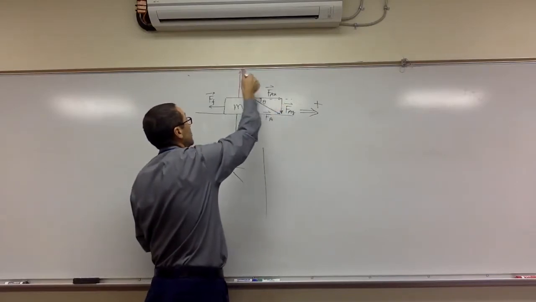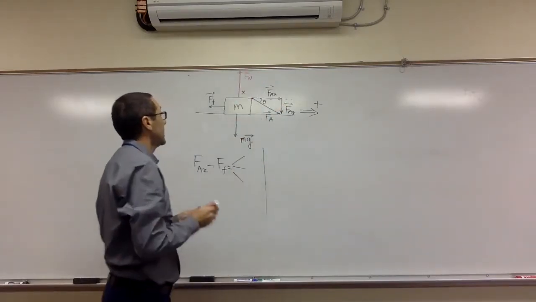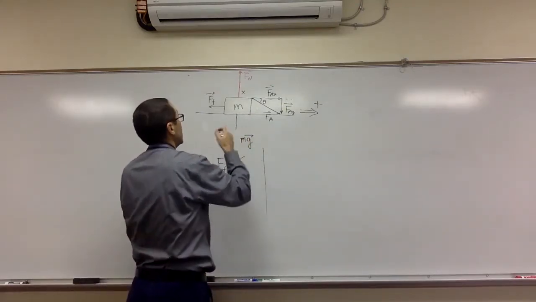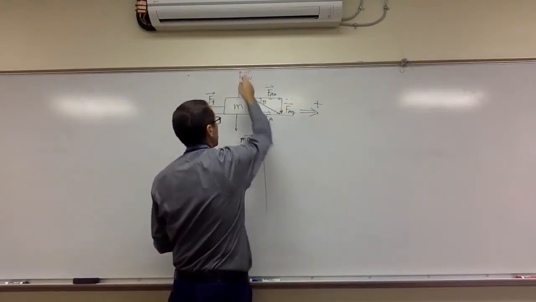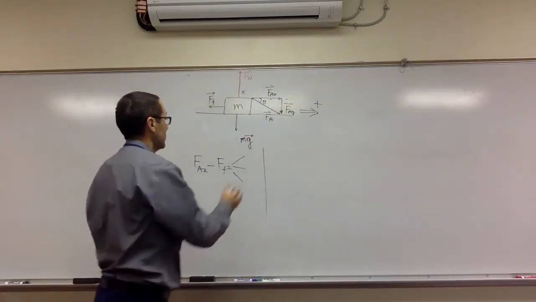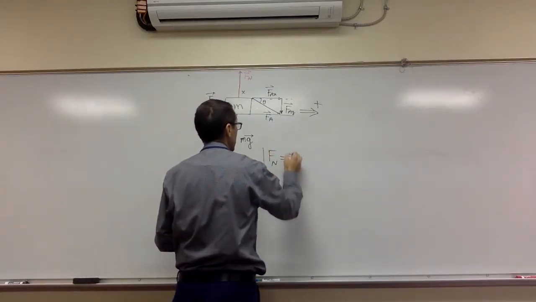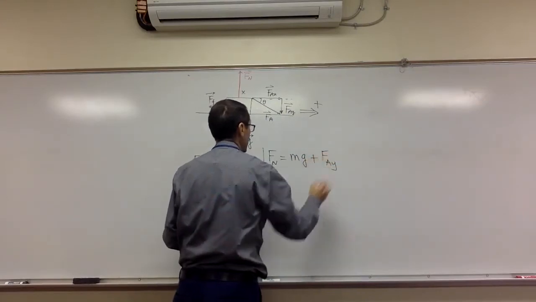So this Fn should be bigger in size than mg. In other words, the mg and the Fay should add up to equal Fn. So the force up is just that Fn by itself. That should equal mg plus the y component of the applied force.